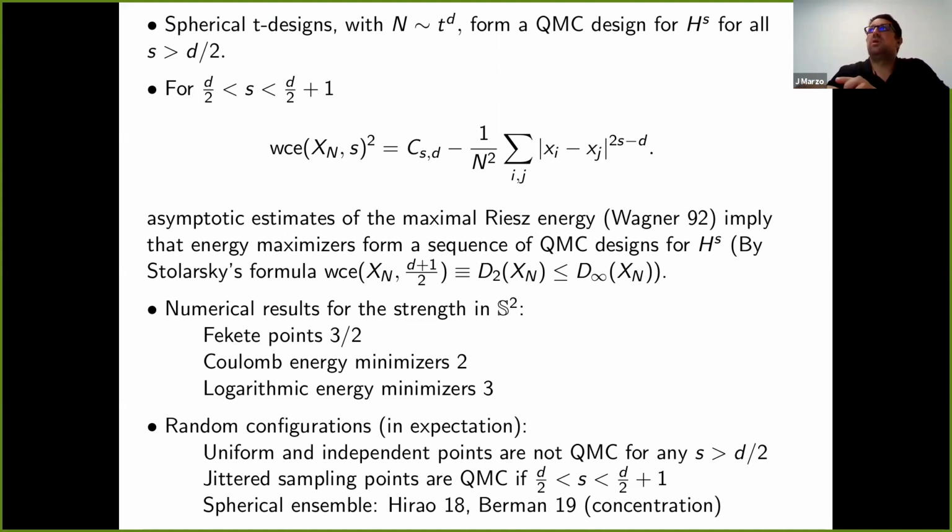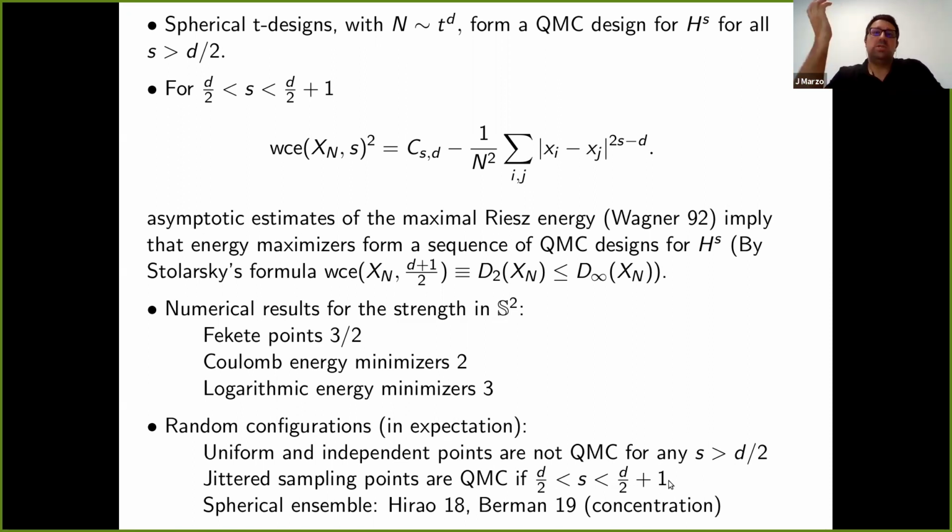If you consider an area regular partition on the sphere and you take uniformly a point in each of these area regular small pieces of the sphere, then they actually prove that the points are, on average, quasi Monte Carlo in this range, and not farther. Okay, but of course this is all in expectation.